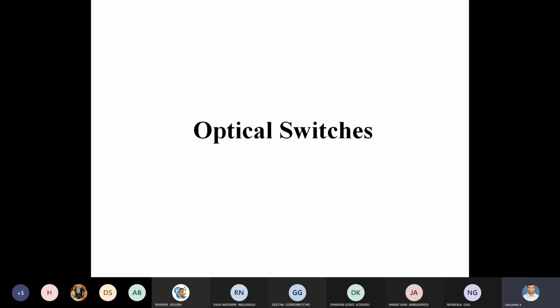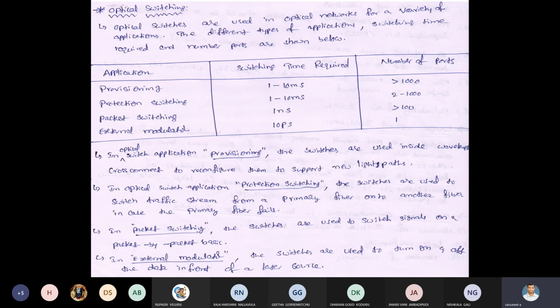Based upon this basic concept of the switch, now we go for what is meant by an optical switch. These optical switches are used in optical networks for different applications, so depending upon the application we have to design the optical switches. The optical switch is either a 2x2 switch, that is, 2 inputs and 2 outputs, or a 4x4, 8x8, or 16x16. It depends upon the application.